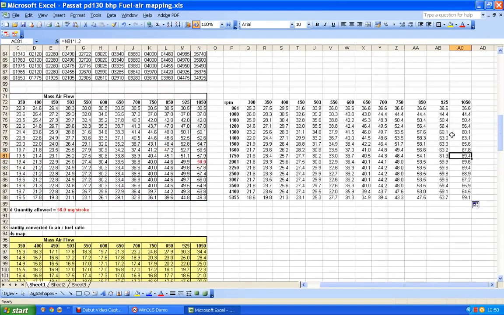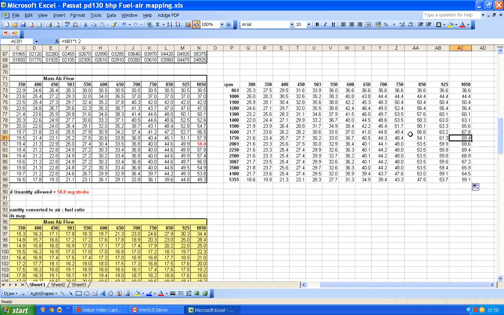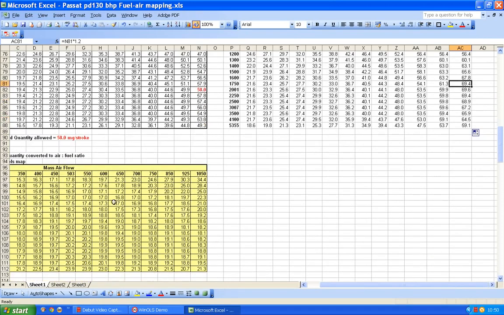So if you put this data straight into your map, load it up into the ECU and drive, you may well think, wow, this is great, I've got a huge improvement in performance. You may, but you may not. You may have very little increase in performance and massive amounts of black smoke pouring out the back of the exhaust. You will know very quickly by producing this map.